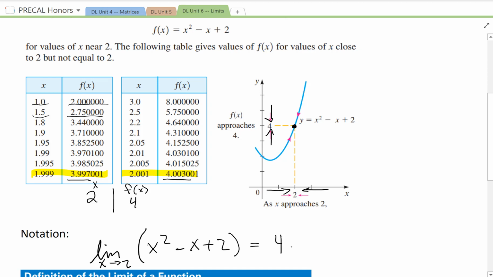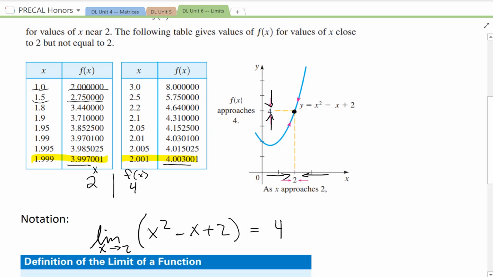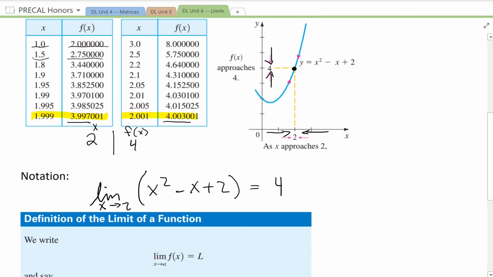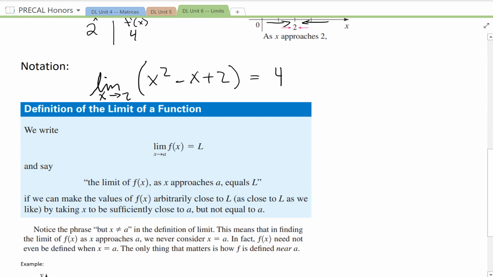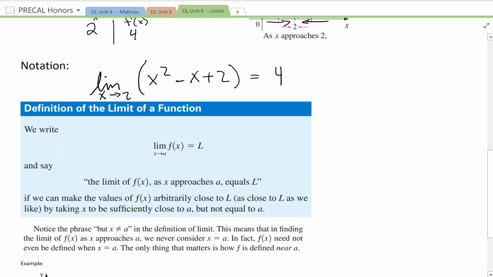Now, couldn't we just have plugged in 2 and gotten 4 and called it a day? Well, sometimes that works, but that's not what a limit is. The limit is not necessarily the f of x value, because even if there's not an f of x value at a, there can still be a limit.